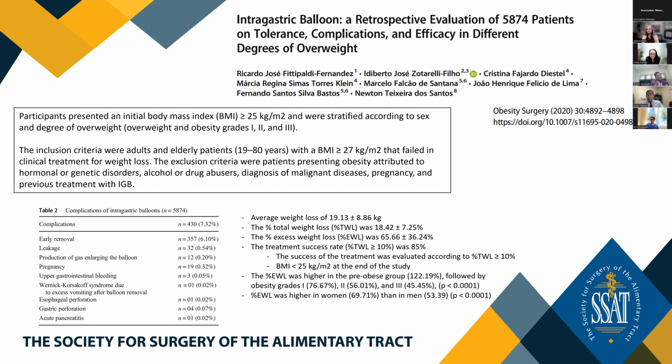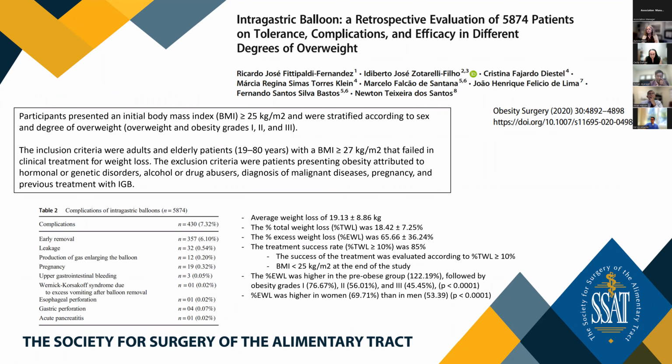They noted that the incidence of complication was about 7%, with 6% of that being early balloon removal. That was typically due to intolerance, which was similar to other studies that were done.